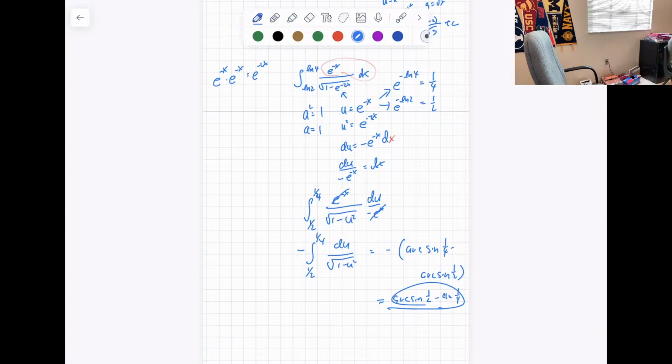For 4, I got negative 2x over 1 plus 4. For 5, I got... So 5, no. I got negative cosine x over 5.